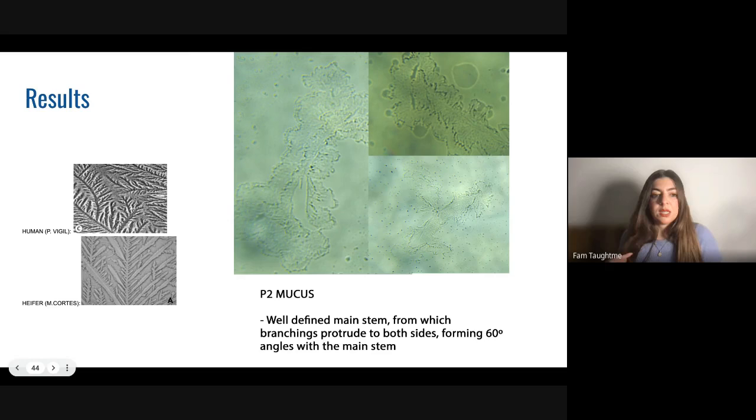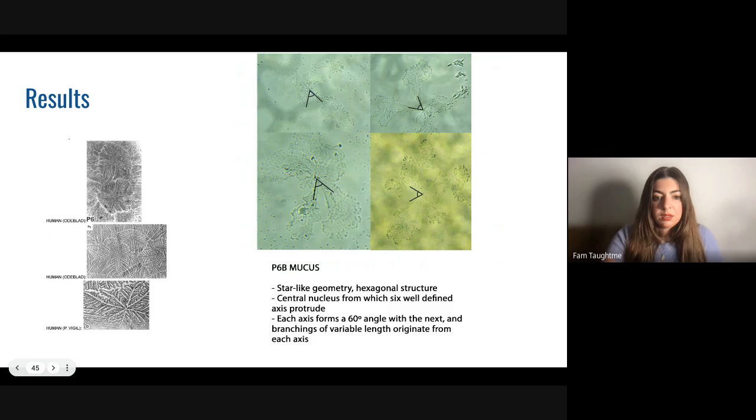For the P mucus, I saw lots of the different subtypes of P mucus. So here was the P2 mucus with some of those 60-degree angles off of the main stem. Same here with the P6B mucus. I was again looking for the 60-degree angle. I was also looking for the star-like geometry radiating from a central axis point.